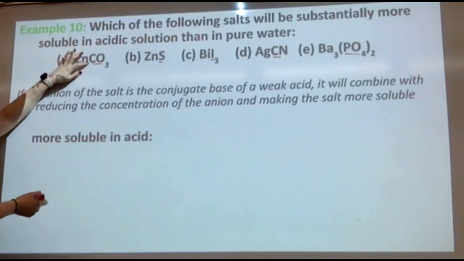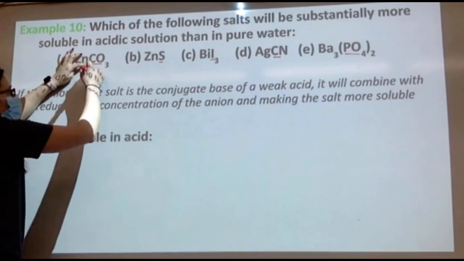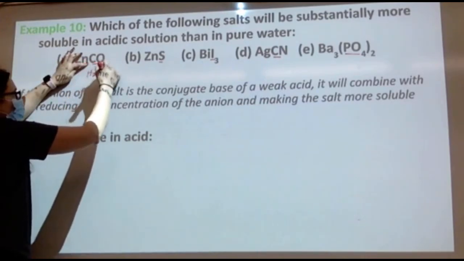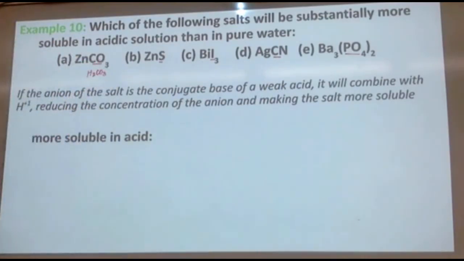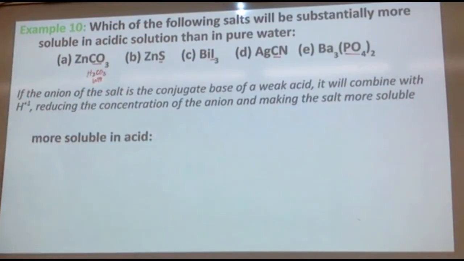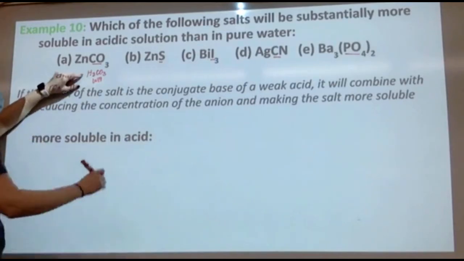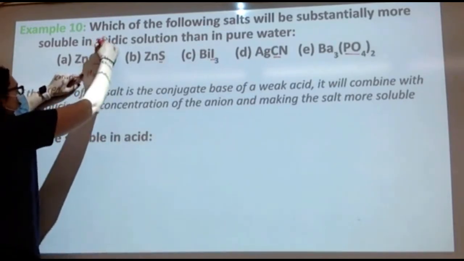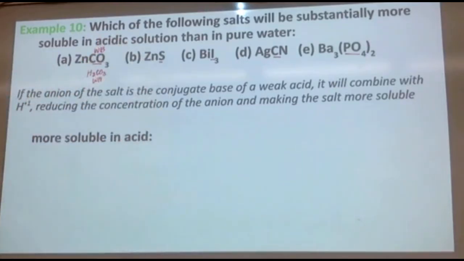So CO3 2 minus would come from H2CO3. Is H2CO3 a strong acid? No, it's not one of the 7 strong acids. This is a weak acid. Well, remember you have one of 2 pairs, strong neutral or weak weak. So if H2CO3 is a weak acid, CO3 2 minus is a weak base.